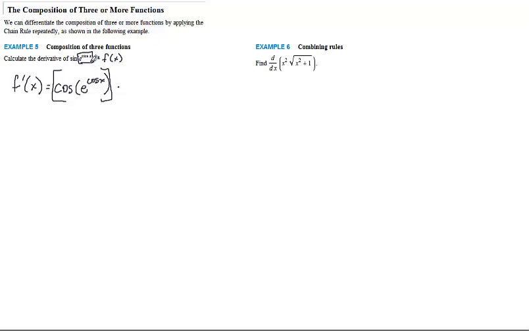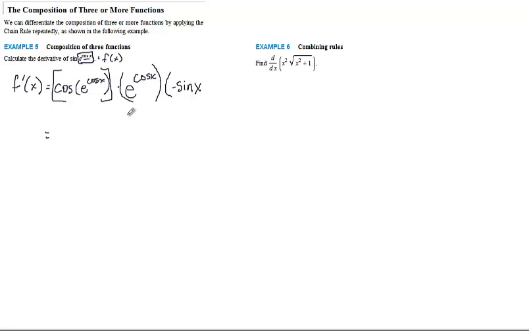Now the inside is e to the cosine x, so I need to take the derivative of that, but I have another inside and outside function where this time the cosine is the inside function. So I'll take the derivative of the outside, that will be e, leave the inside alone, times the derivative of the inside, and the derivative of the inside is negative sine x. So this one is really messy.